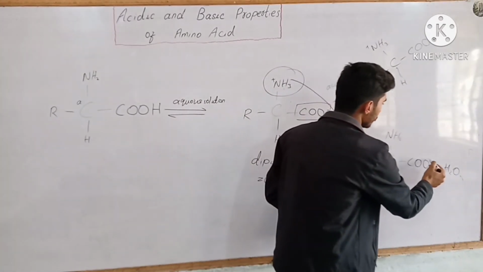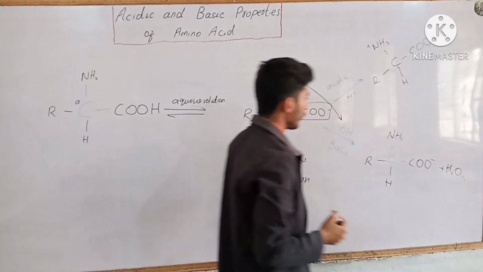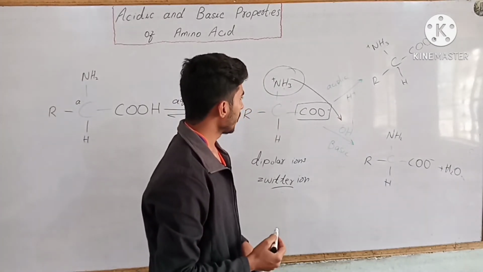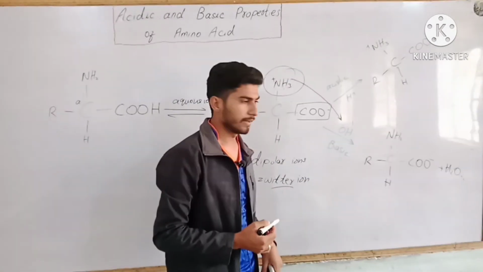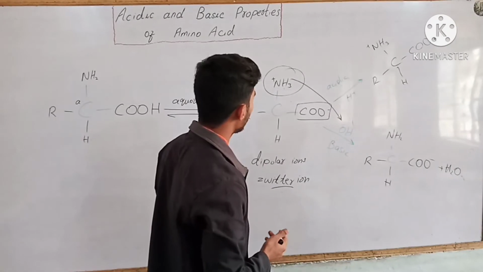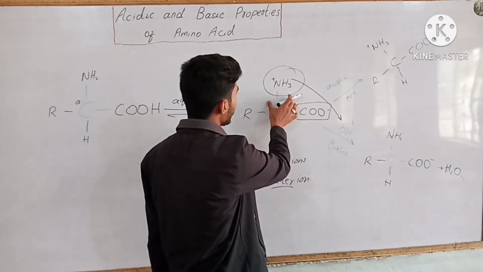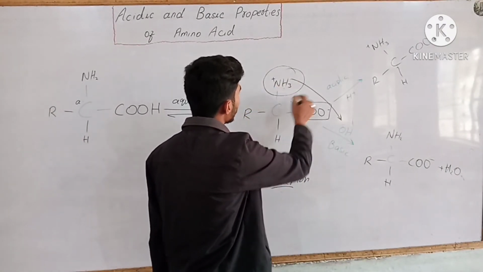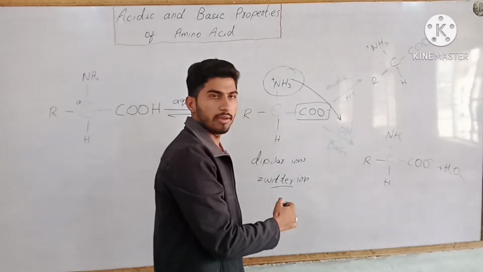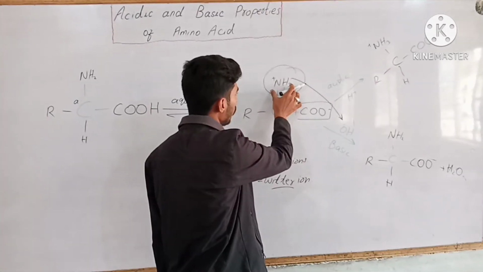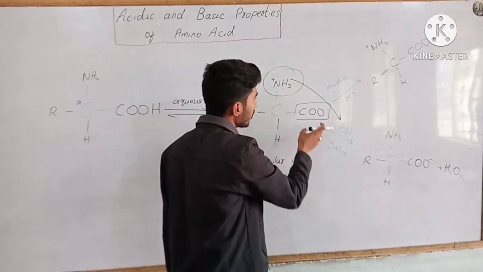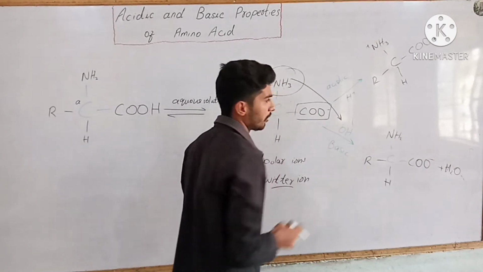One concept is clear here: according to the Lowry-Bronsted theory, the acidic character of an amino acid is due to the amine group, because this amino group is releasing the proton.